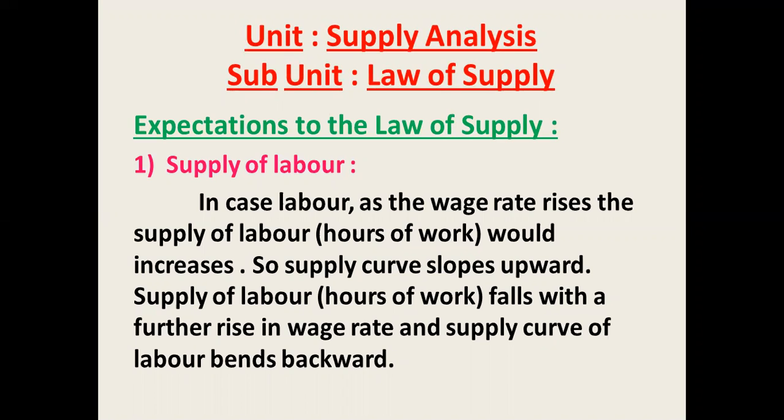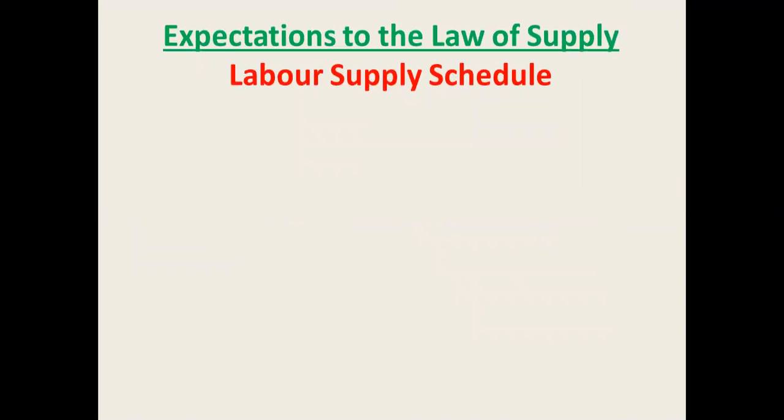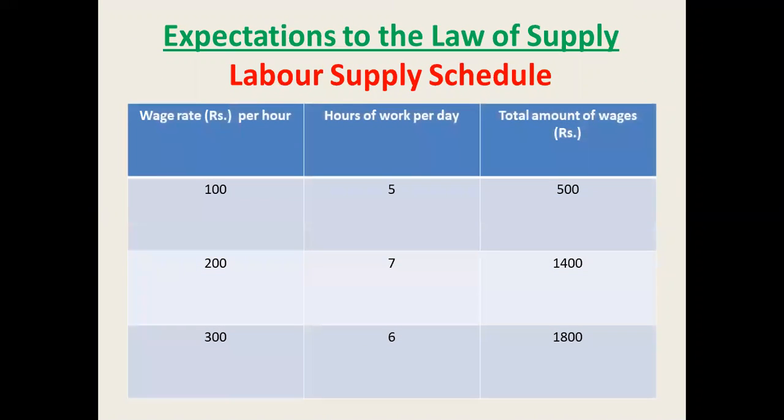So let's discuss the labor supply schedule. It can be explained with the help of the backward bending supply curve and also the labor supply schedule. On your screen, I have shared the labor supply schedule. The first column is the wage rate in rupees per hour, then hours of work per day, then the total amount of wages in rupees.